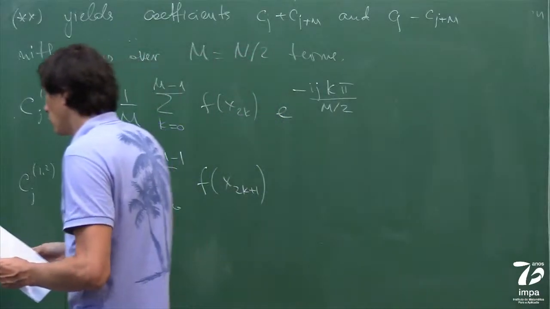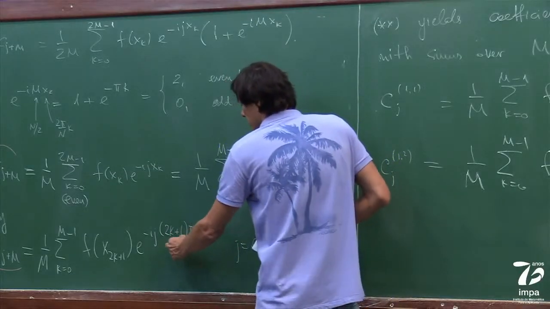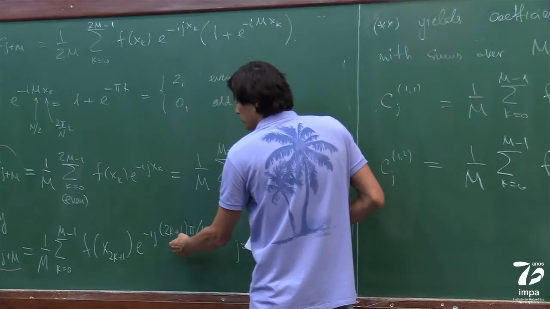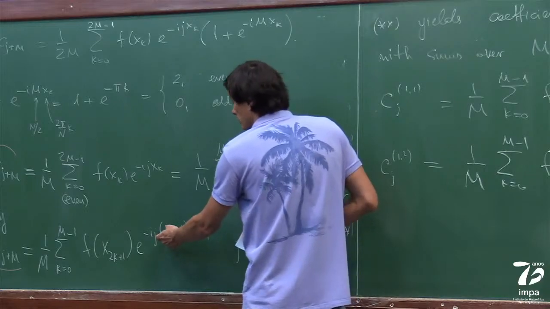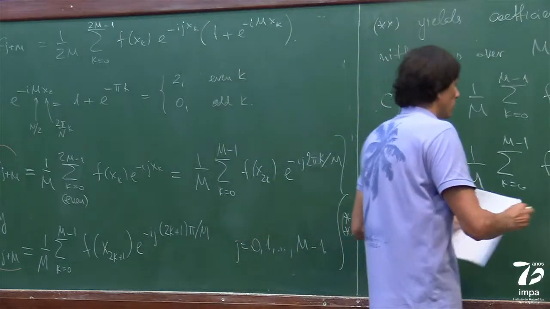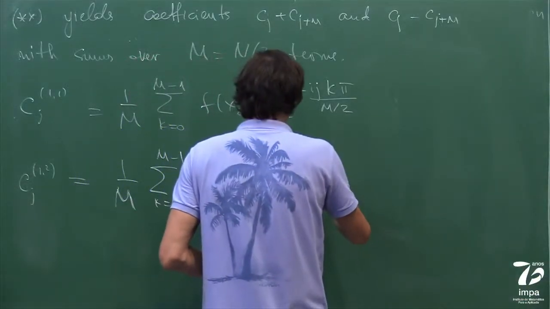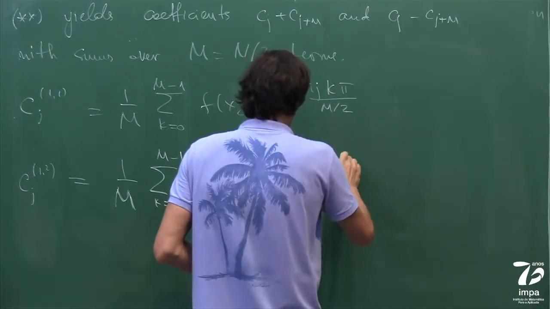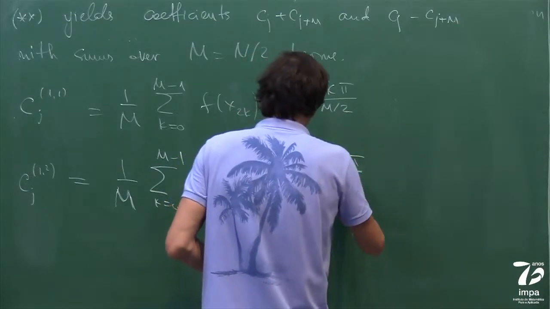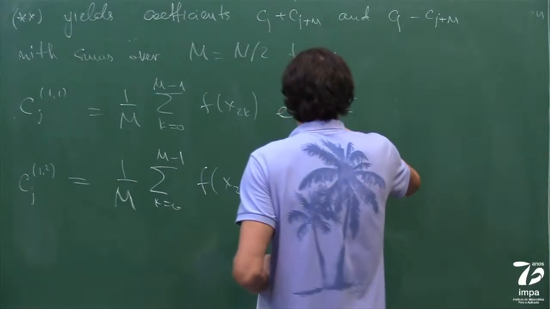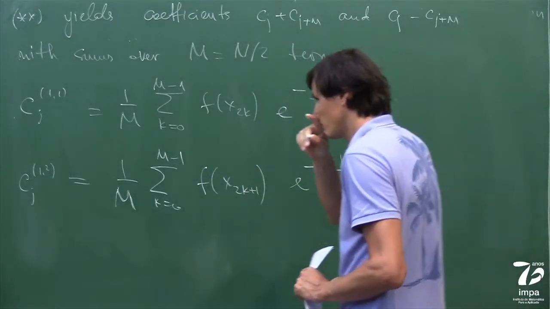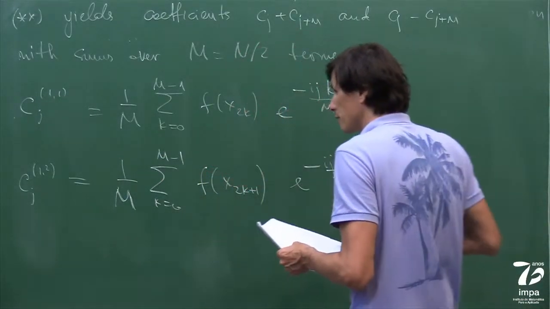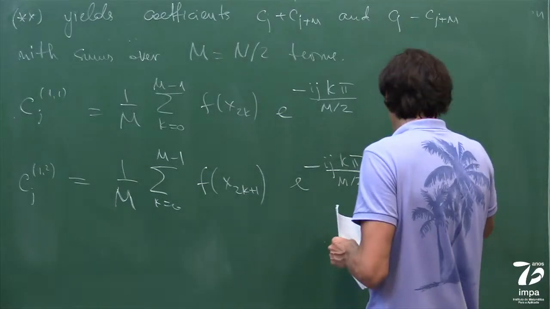Now we split the exponent into 2 pieces because there is 2k plus 1. The first piece will be just as before, and the second piece will be just pi over m minus i.